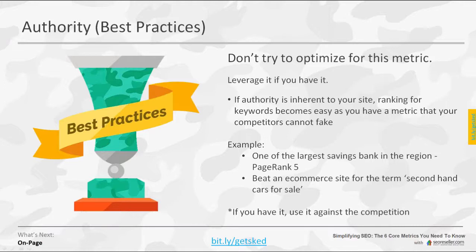They've had their domain for about 14, 15 years, which allowed it to earn a lot of authority over time. The people they were trying to beat were 1 to 2 PageRanks below them, which means they could leverage their PageRank. So if you've got it, use it against the competition, because we did, and they wound up outranking their competition for about 60% of similar terms.